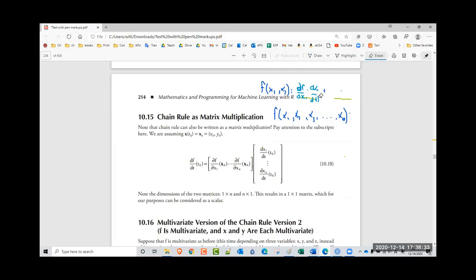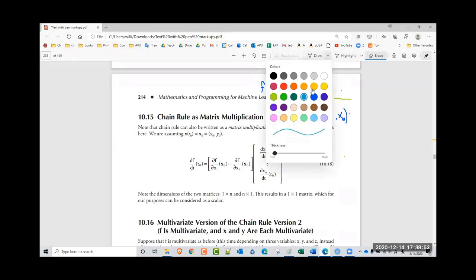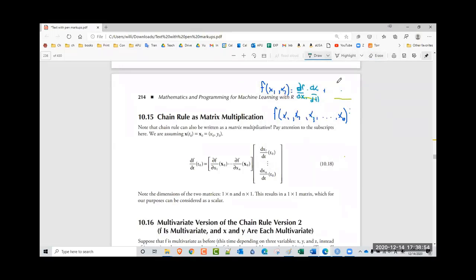Okay, good, excellent. And then what about the second term? Partial f by partial x2. Good.